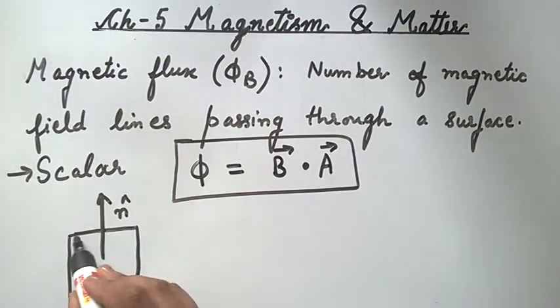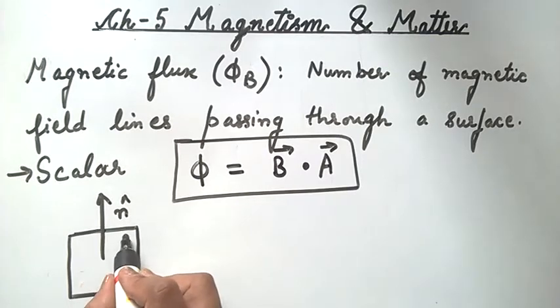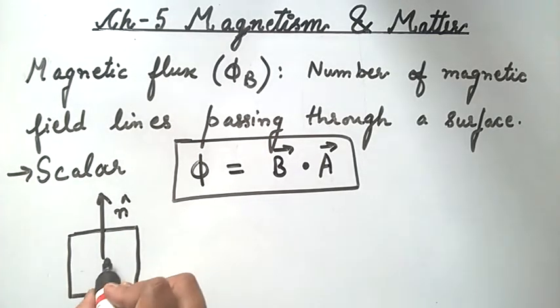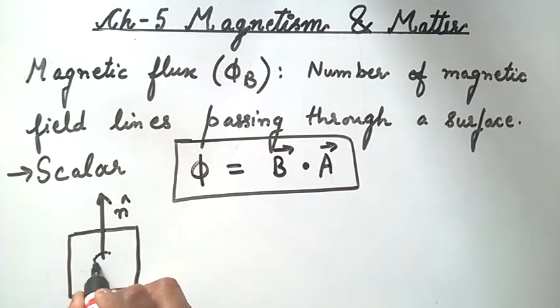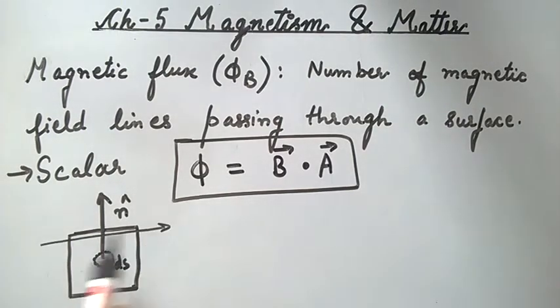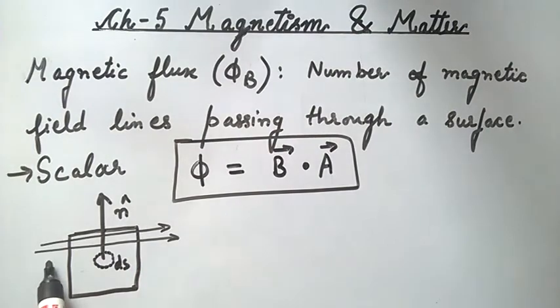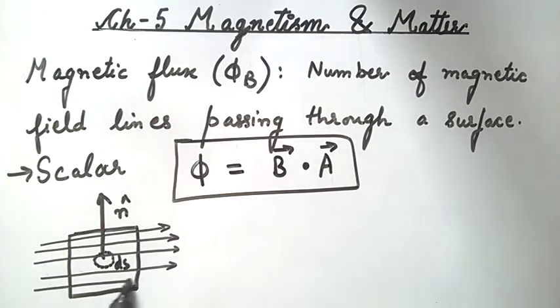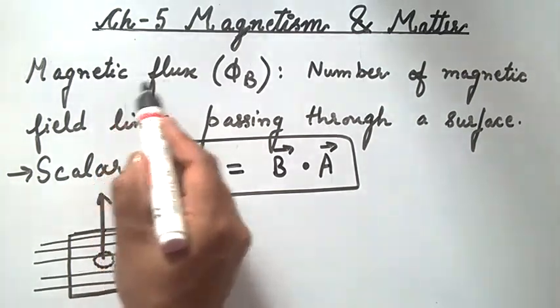And if this area is made up of a small number of area elements, then let us suppose this is a small area element dS, and this area is in a magnetic field. The number of magnetic field lines passing through this given area is the magnetic flux.